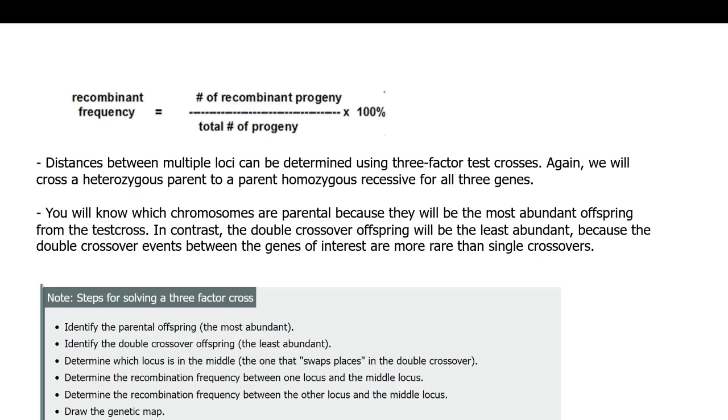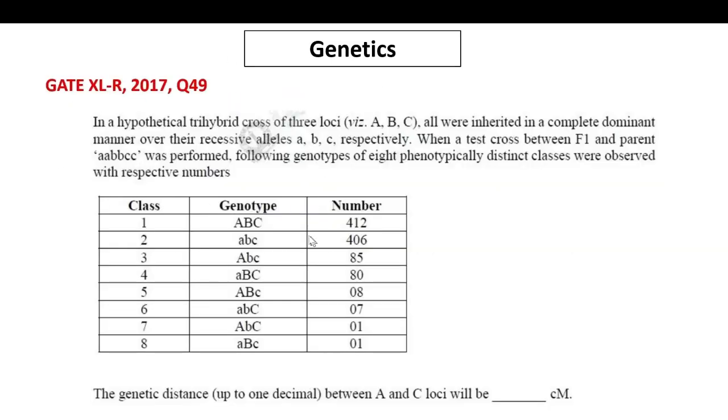So you will know which chromosomes are parental from the values that are given, the genotypes listed here. How do we know which are parental phenotypes, which are recombinant, and which are double crossover?